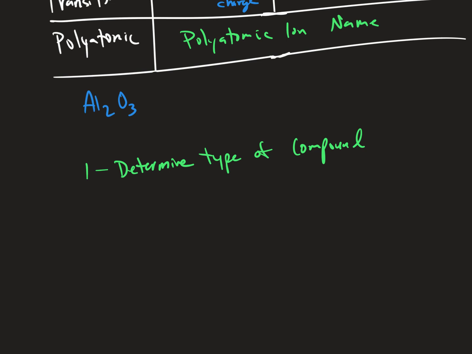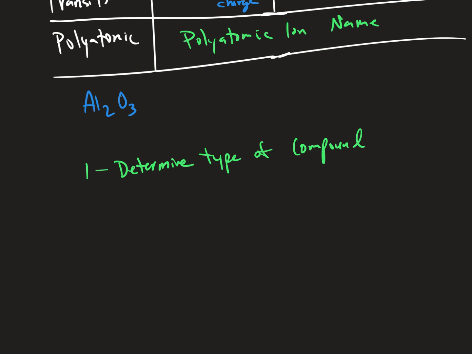Simple way to tell is, if there's a metal in it, it's an ionic compound. That's true. But the real answer is if it's made of ions. So if it has a polyatomic ion, it's an ionic compound. If it has a metal, it's an ionic compound.